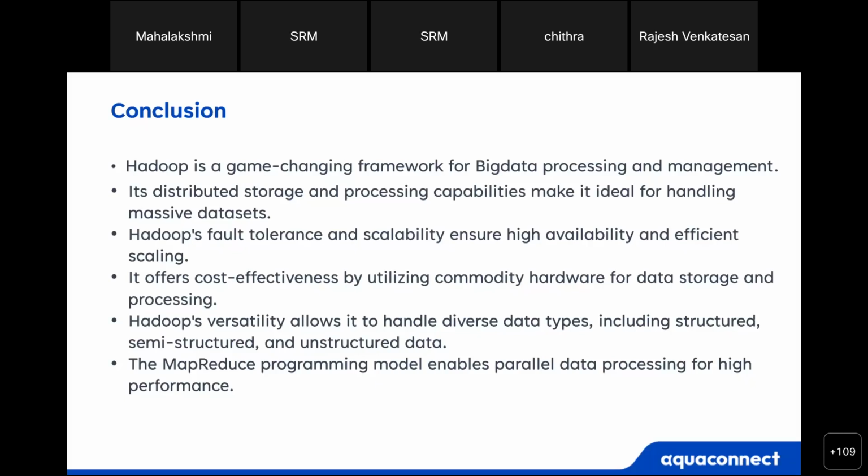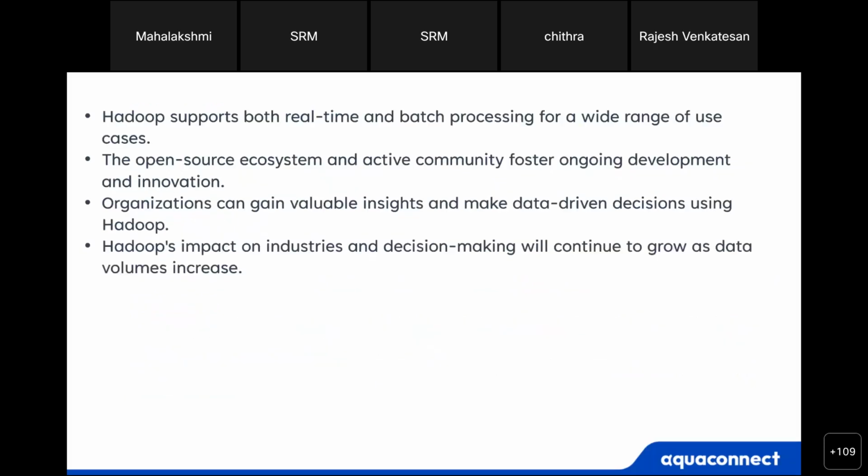The MapReduce programming model enables parallel data processing for high performance. Yes, we are already putting our data in a distributed manner, and we have a tool that processes those distributed data in a parallel manner. Hadoop supports both real-time and batch processing for a wide range of use cases.